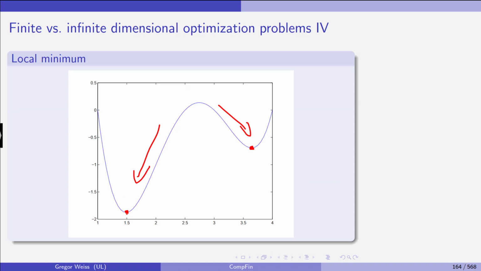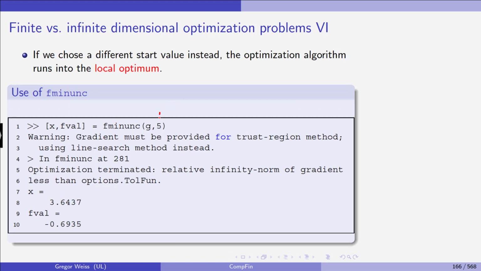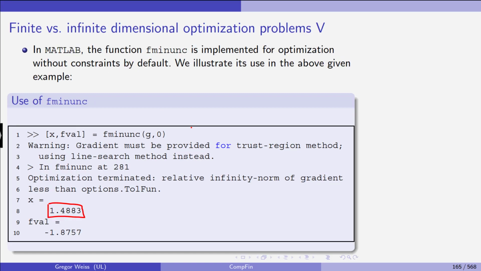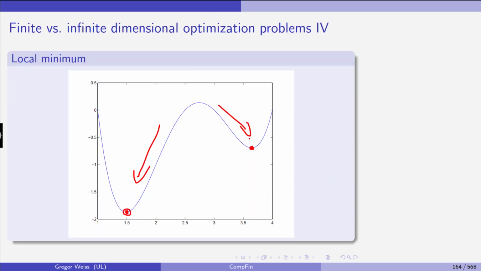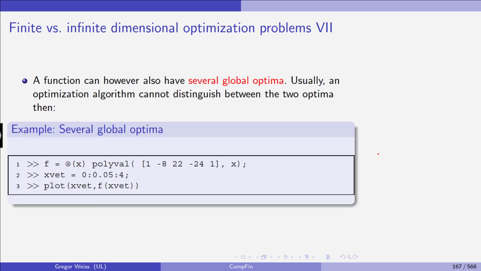Well, this is obviously this point here, and we get our global minimum. If we now start at 5, and this function fminunc is pretty powerful, you can see that it runs into this local minimum, and we get no information that this is a local minimum. So we have to be careful even with very sophisticated functions in MATLAB.